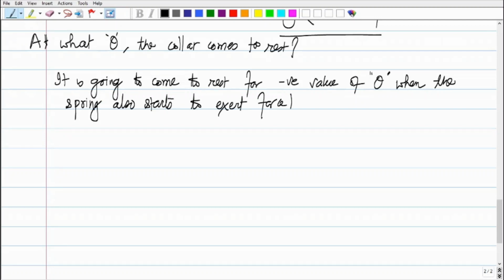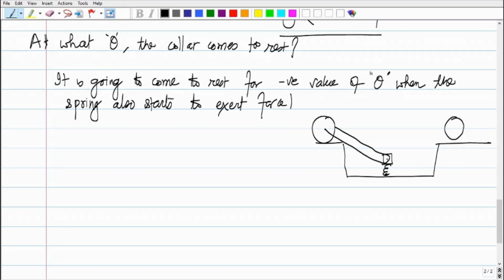so the final state is going to be something like this. We have the disc, and here is the spring, here is the collar, and then the two links, right? Let's make the collar bigger.